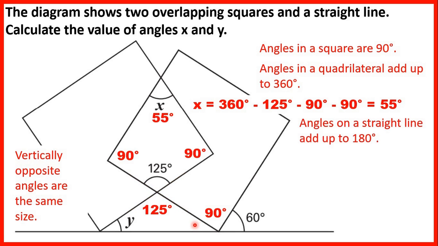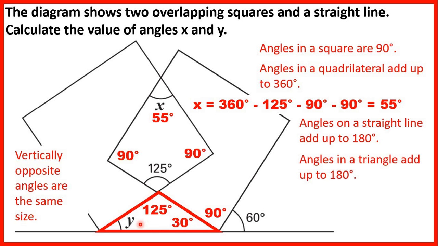To find this angle here, we can remember that angles on a straight line add up to 180. So we have 90 and 60, that's 150, and if we subtract 150 from 180, that gives us 30 degrees for this angle here. So now we know two of the angles in this triangle.